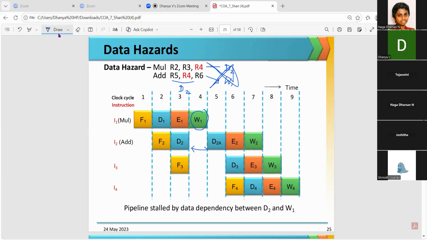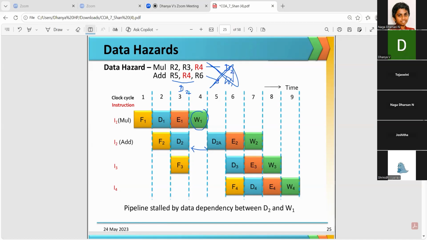Okay, so basically data hazards, this example is a RAW hazard.